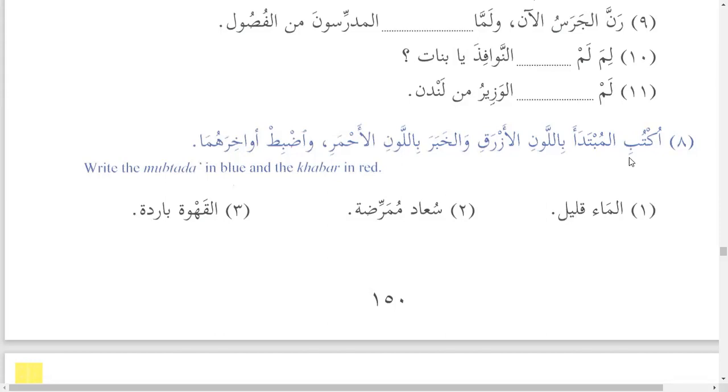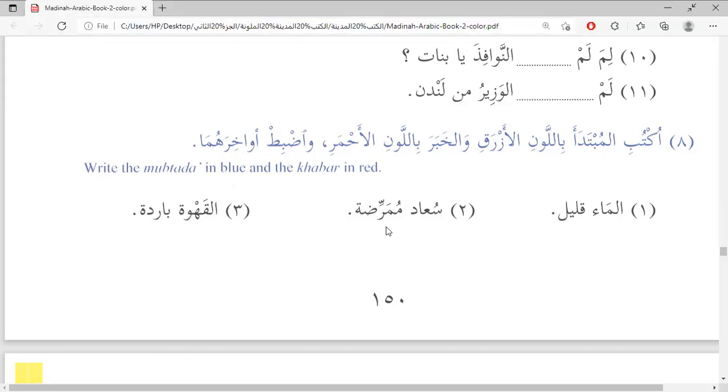So now we have to write the mubtada with the blue color and the predicate khabar with the red color. Wadbit awakhiruhuma. And then in the end, we have to put the proper case endings of the nouns or the verbs. Okay, so now I'm sure, inshallah, you are able to figure out al-mubtada and al-khabar.